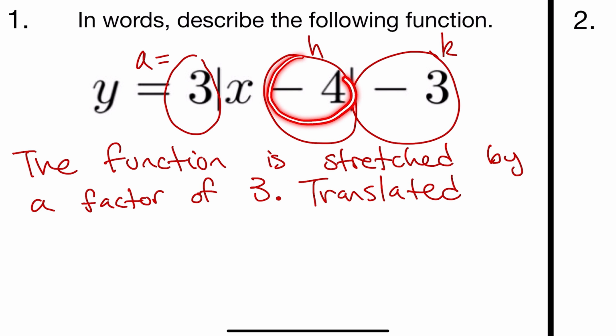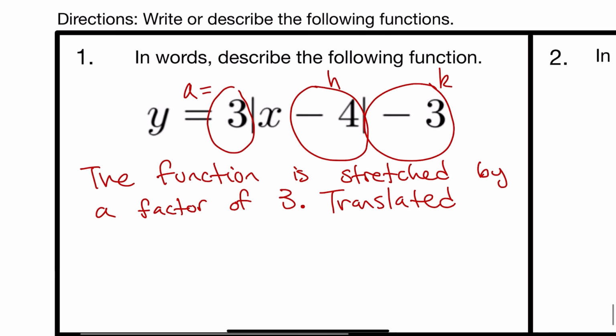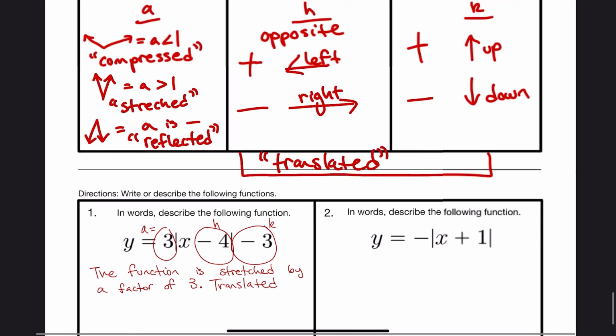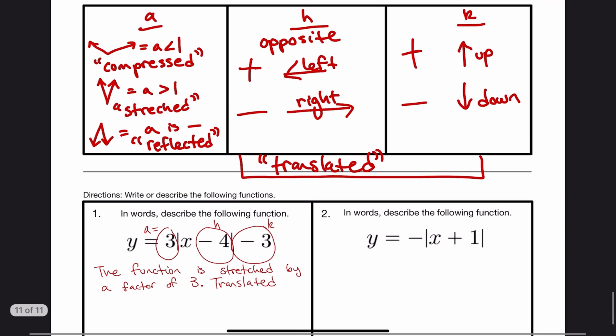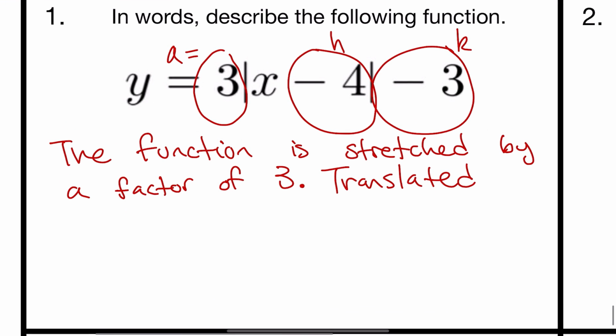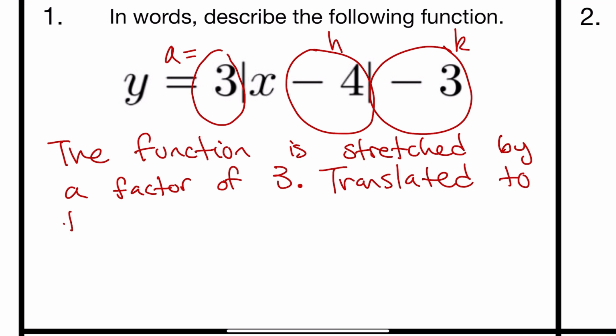We have a -4. Okay, looking at my words again. If our H is negative, that means we're going to the right. So we're going to say it's translated to the right 4 units, because that's what it says.